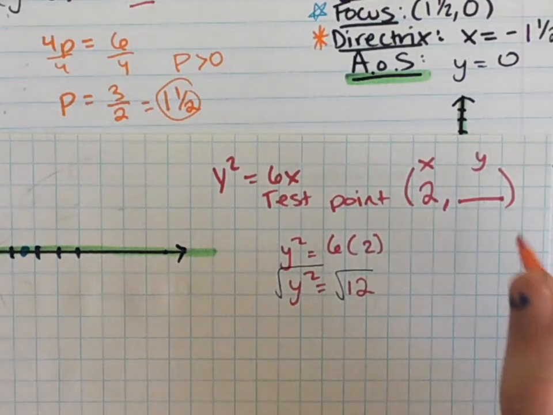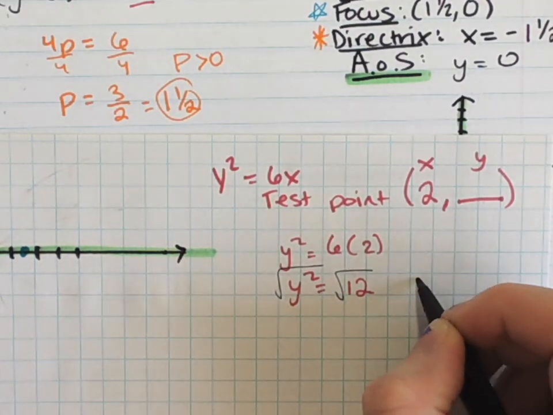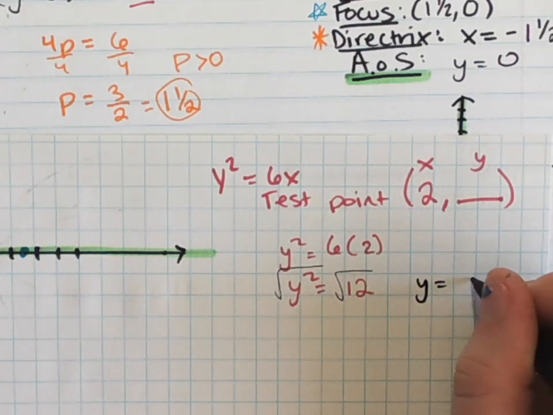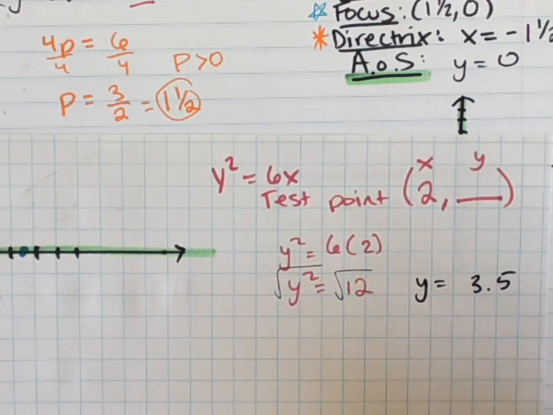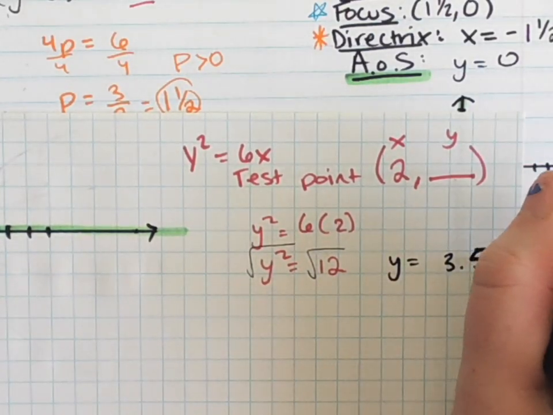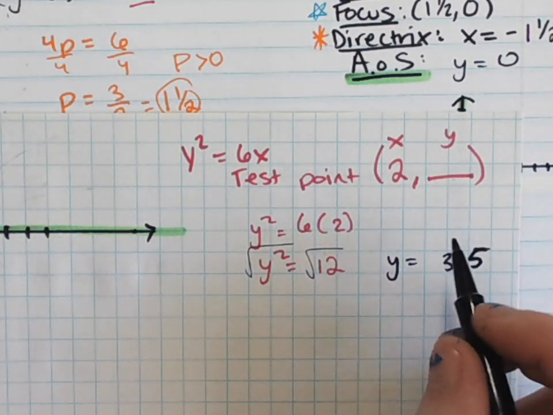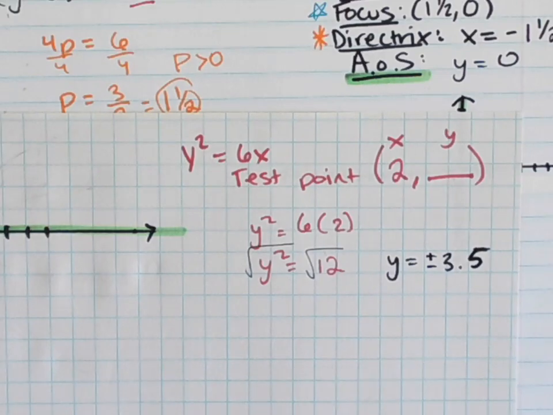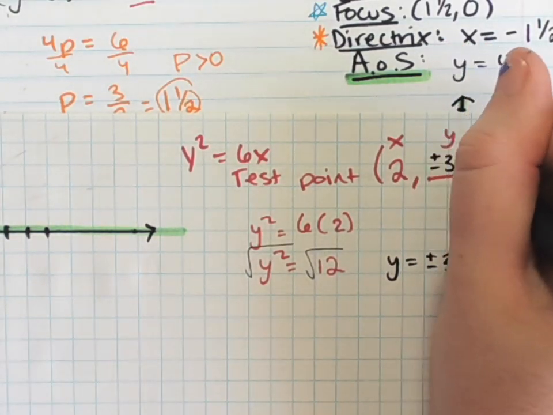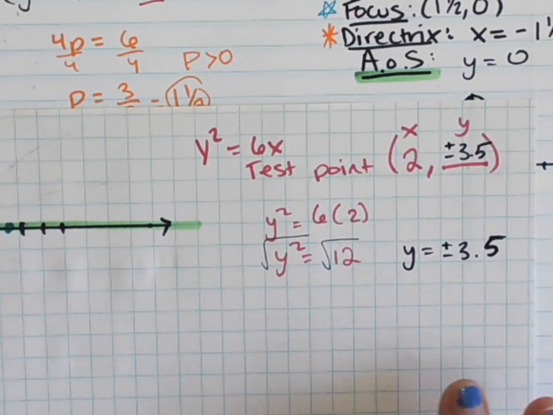And I would get that y equals, where's my black pen? There it is. Y could equal about 3.5-ish. Type that into your calculator. I'm pretty sure it's 3.5 if you round. But it's going to be both positive and negative. Square root gives you 2 answers.